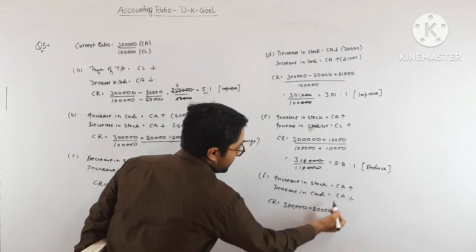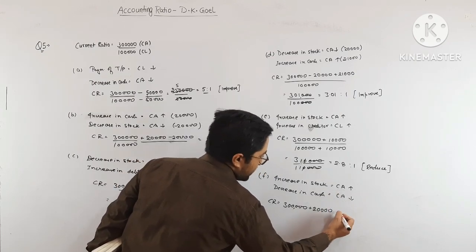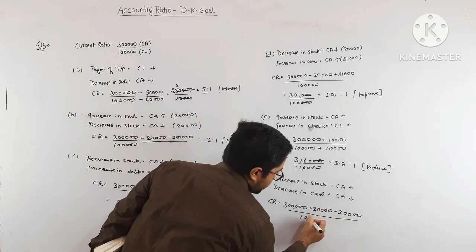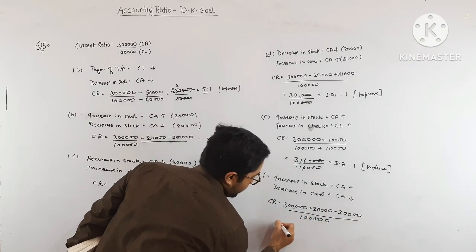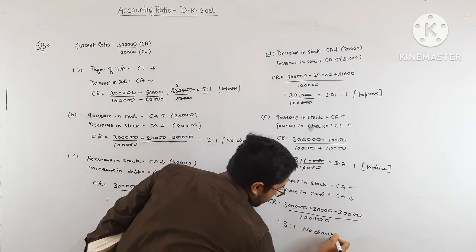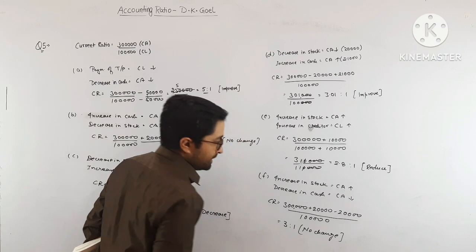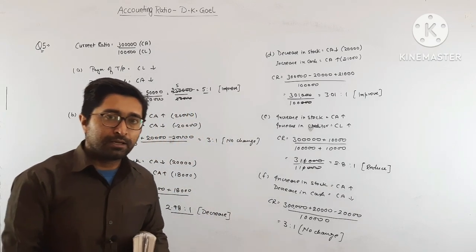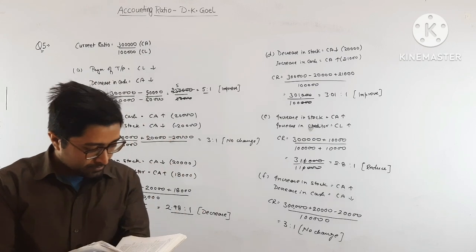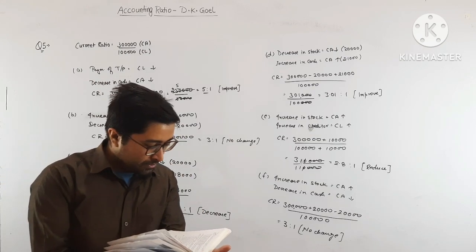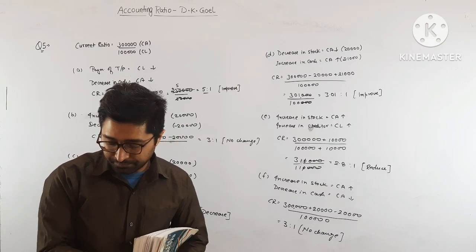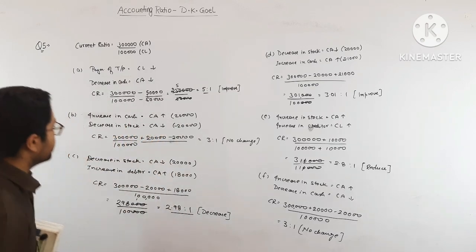So increase in the stock plus 20,000 and decrease in the cash minus 20,000, upon 1 lakh rupees. It will again be 3:1, no change. Plus 20 and minus 20 will cancel out, and 3 lakh upon 1 lakh is 3:1, no change. Correct.